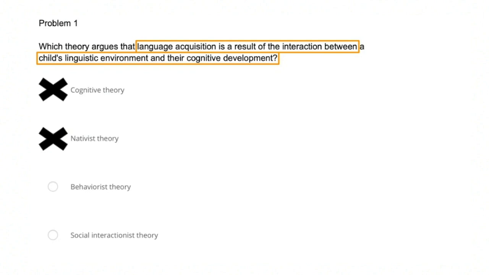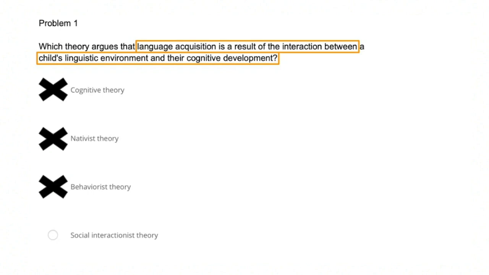Behaviorist theory studies how people learn through interactions with their environment. So this choice connects to the environment part of the question, but it doesn't address the language acquisition part of the question. It's more about learning behaviors in general. We can eliminate that response. Social interactionist theory argues that language development is influenced by both a child's environment and their cognitive development.